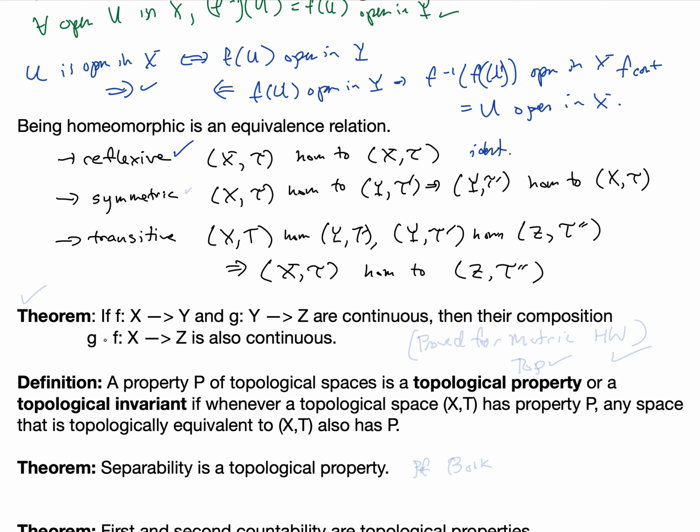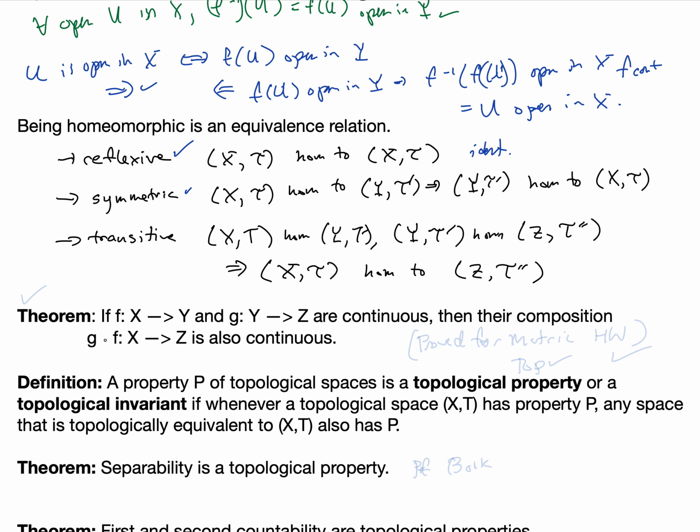That's a continuous and bijective function from one topological space to itself. It's symmetric because if we have a function f mapping X to Y, then f inverse is defined already because f is bijective, and both f and f inverse are continuous, so that's pretty immediate as well.